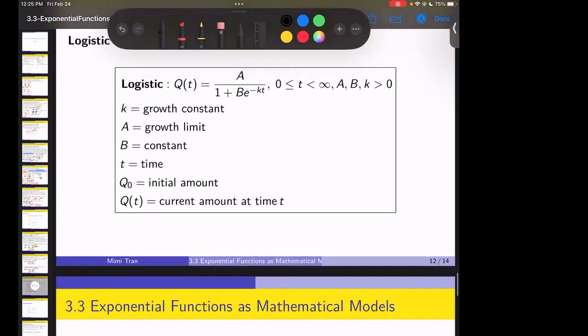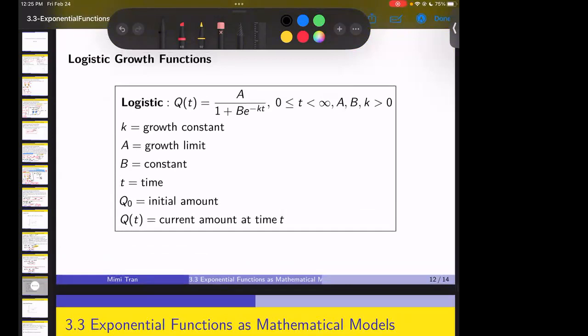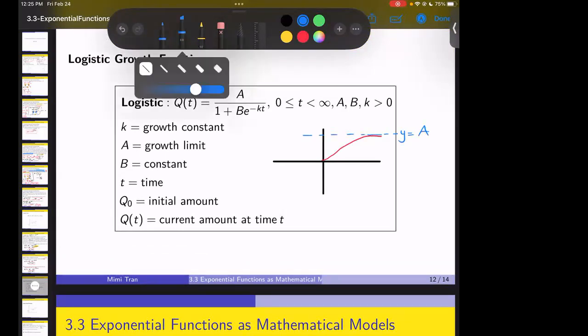All right. So that's the logistic growth formula right there, where A is your growth limit. It means if I have a graph like this, then A is my horizontal asymptote, y equals A. That's why it's called the growth limit. You never pass that point. It's just that at some point it levels off.